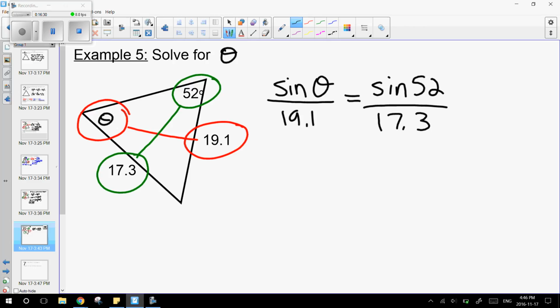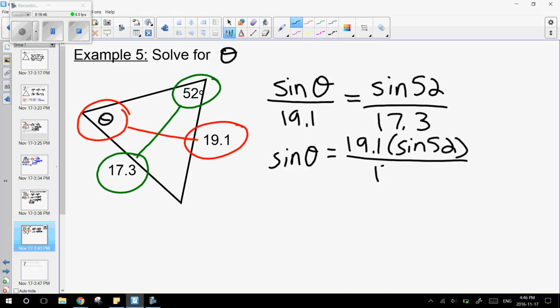Now that we have our equation, the 19.1 is on the bottom, so multiply it by the top of the other side. So sine theta equals 19.1 times sine 52. Again, it's out front, so that we don't forget to multiply it by the entire thing. And our last step to get theta all by itself, get rid of that sine by doing sine inverse.